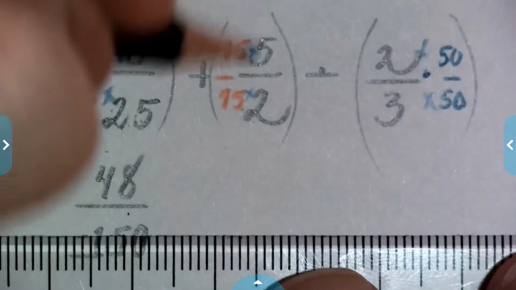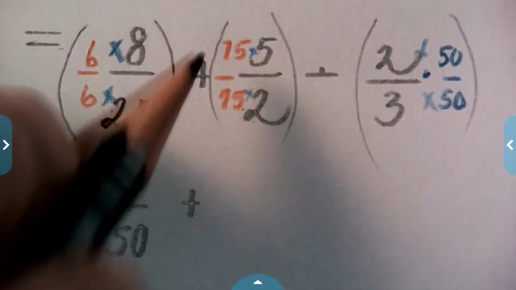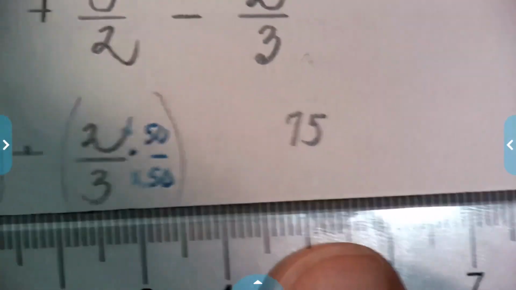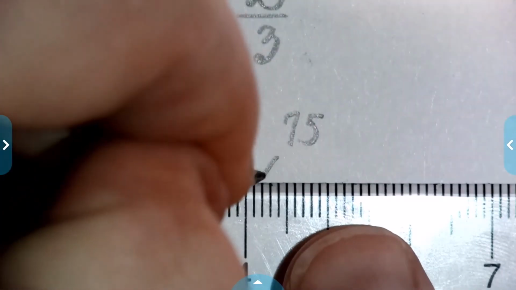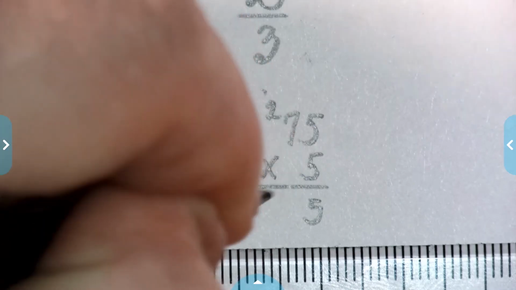Okay, now you got plus 75 times 5. Little side work here. What is 75 times 5? 375.